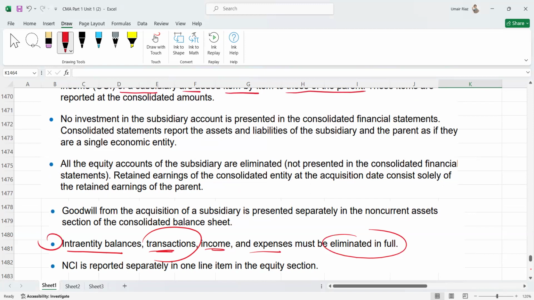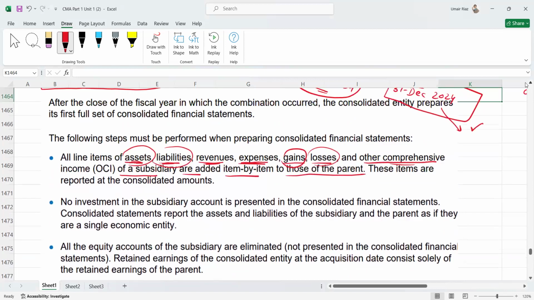So these are transactions. Even if you have an income or expense from an intra-entity transaction, it must be eliminated in full. So please make sure when you are adding assets, liabilities, revenues, and expenses of parent and subsidiary, you take care if there are any intra-entity balances, transactions, income, or expenses.